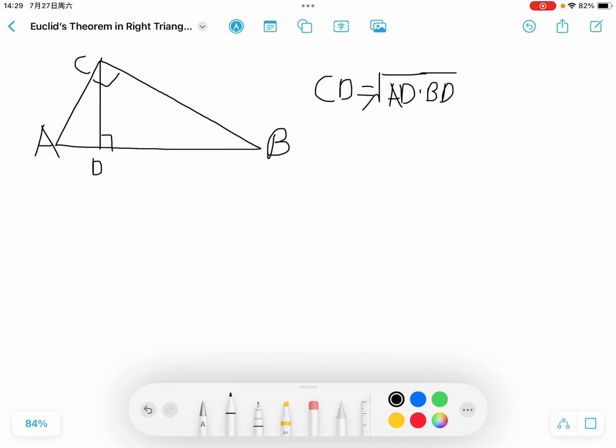The second rule is that AC is equal to the geometric mean of AD and AB. And then the third rule states that BC is equal to the geometric mean of AB and DB.